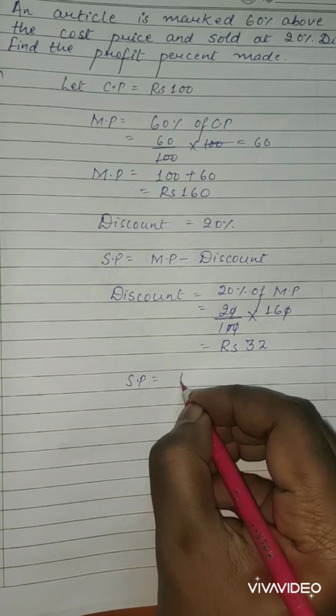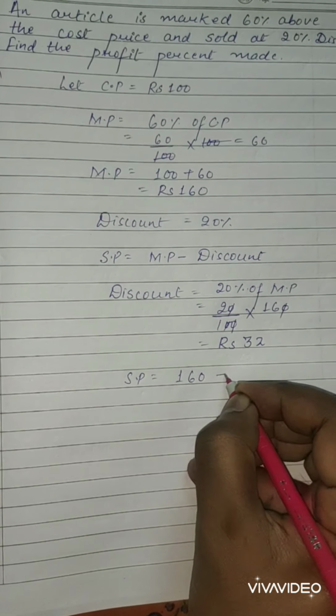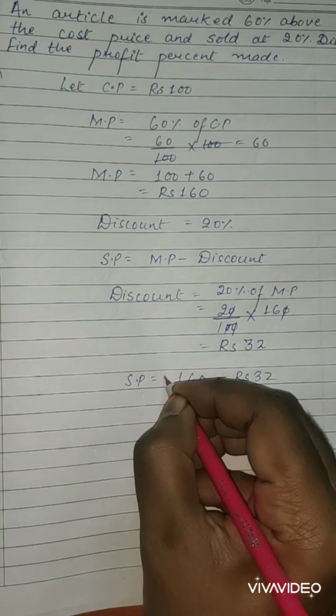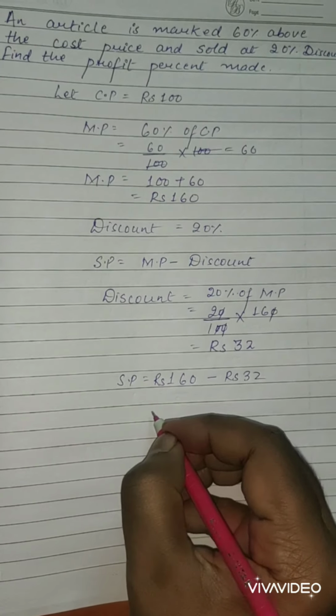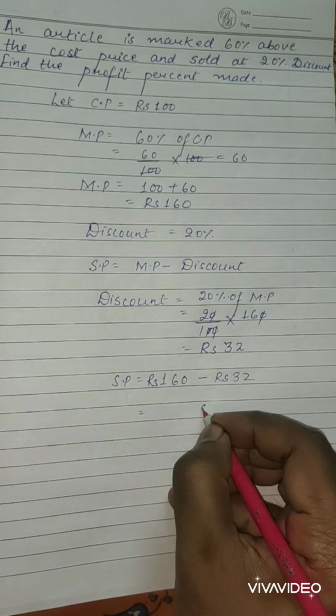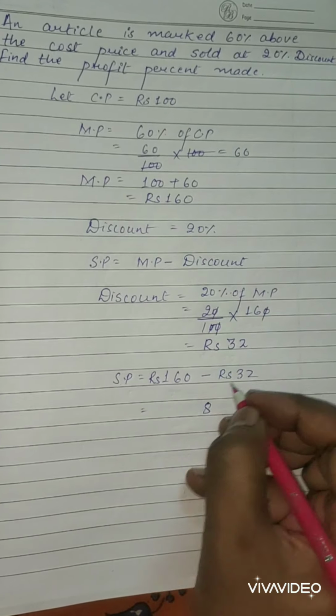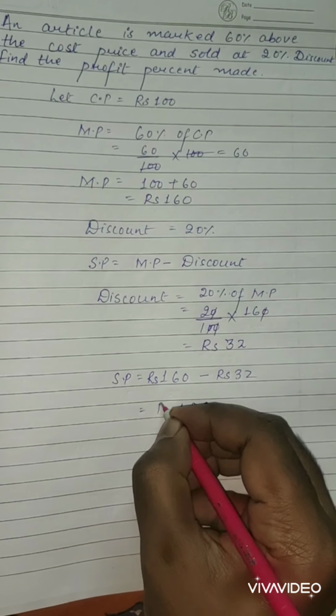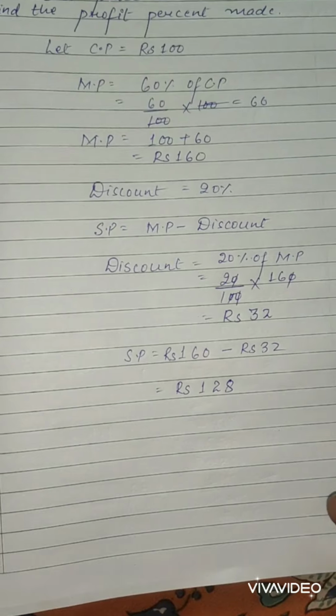This will be 160 minus rupees 32. Clear? So 10 minus 2 is 8, 5 minus 3 is 2, and 128 rupees.